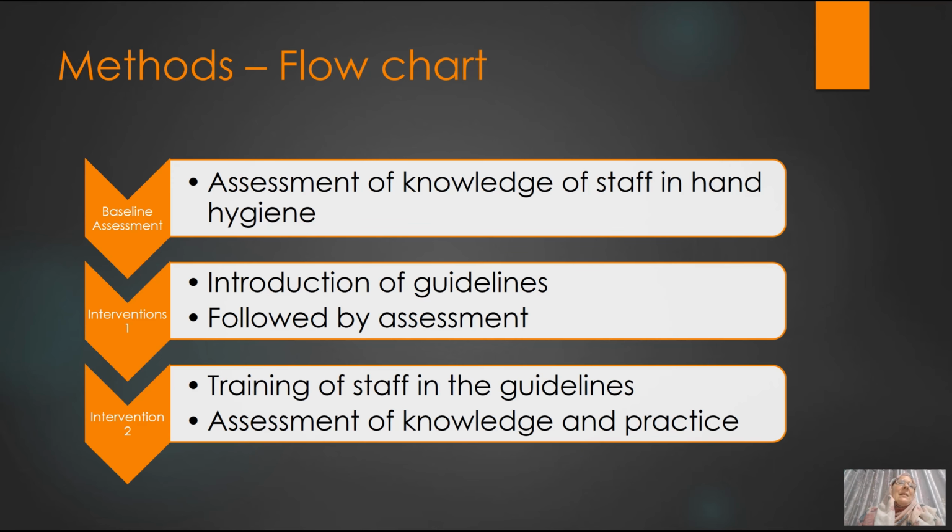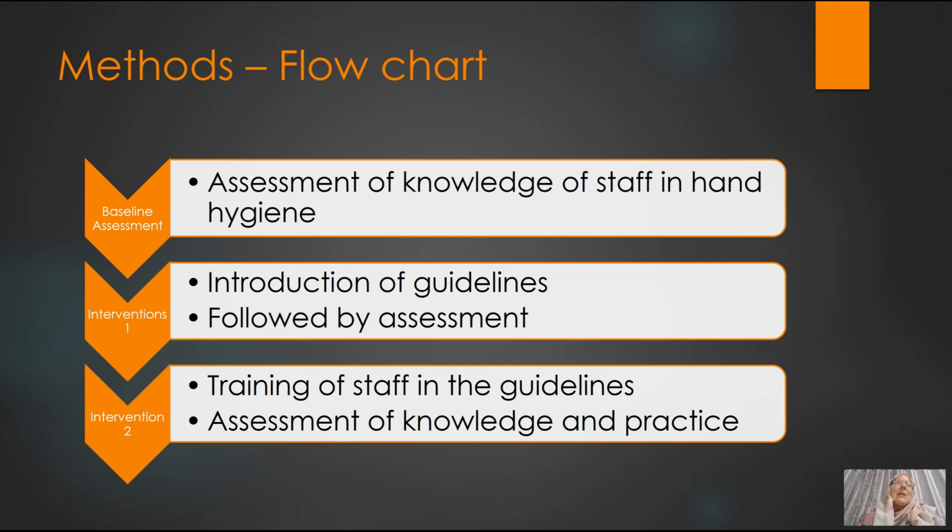This is another way that you can illustrate how you apply different interventions. Okay, so for example, you have the baseline assessment of knowledge of staff in hand hygiene. Then you have intervention 1, which was introduction of guidelines, and you have another assessment of knowledge of hand hygiene in staff.